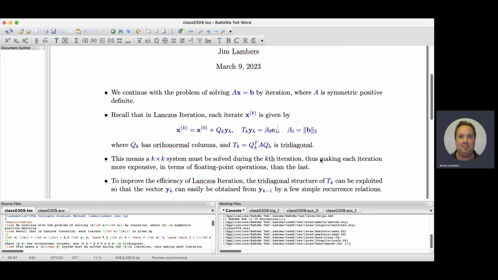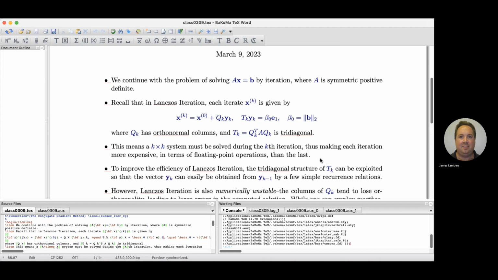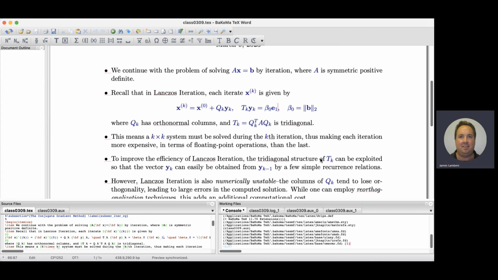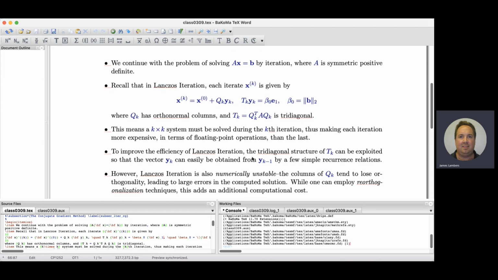Actually, before I get into that, one thing I did not get into with Lanczos iteration is that because this matrix Tk is symmetric and tridiagonal, that nice structure can make it possible to get a true non-stationary iteration where each iterate comes from a previous one.